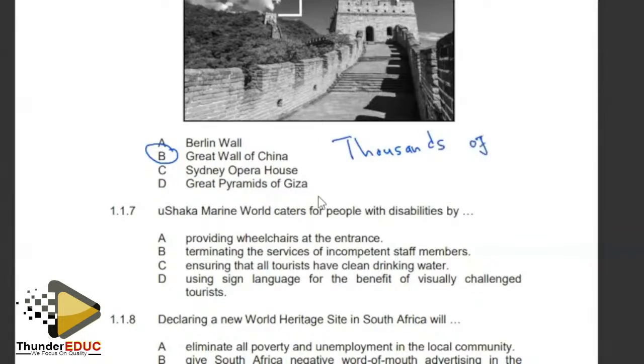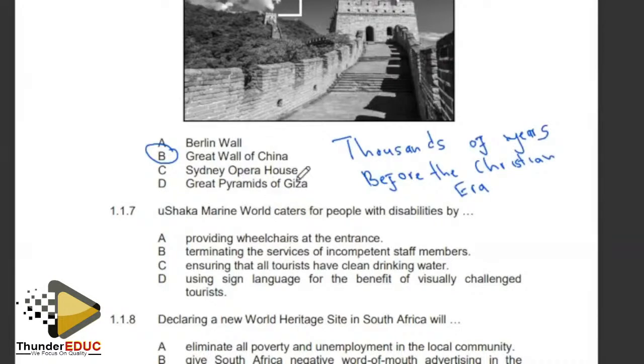So it fits the description that the walls are actually an ancient icon, because they were built several thousands of years before the Christian era. So our correct answer will be that is the Great Wall of China.